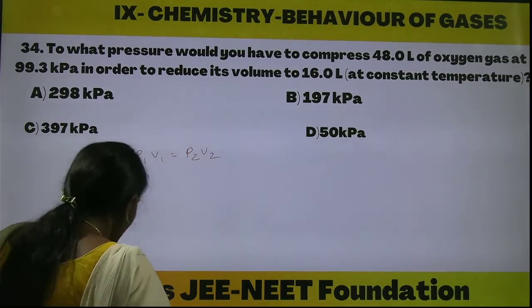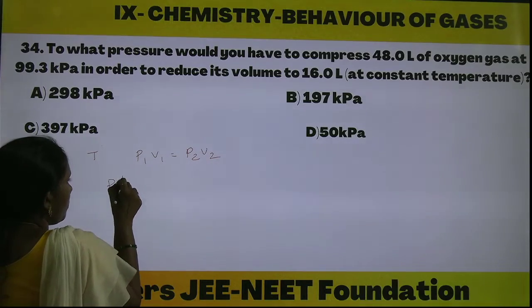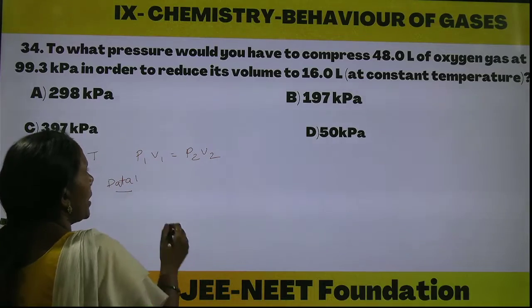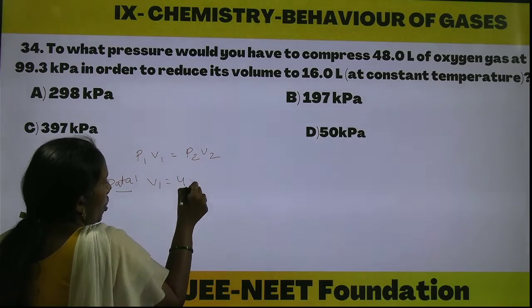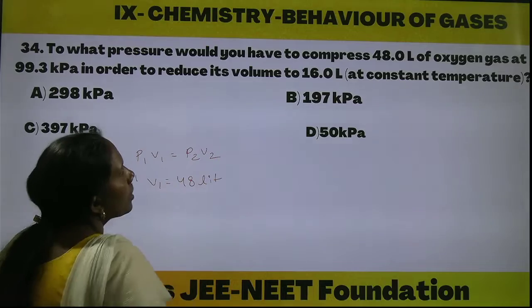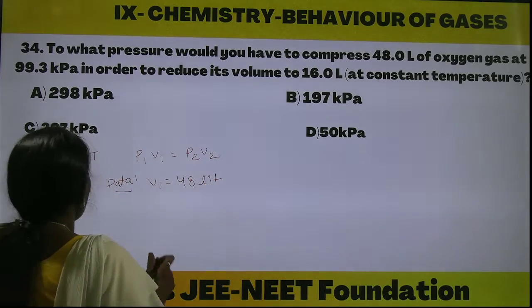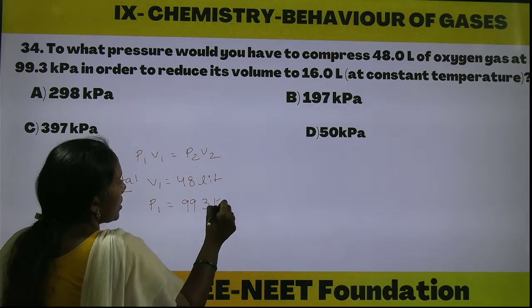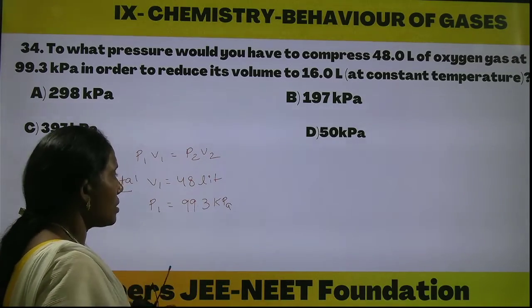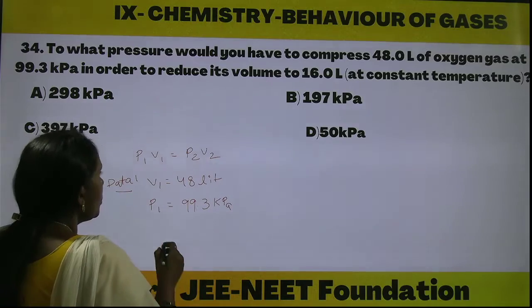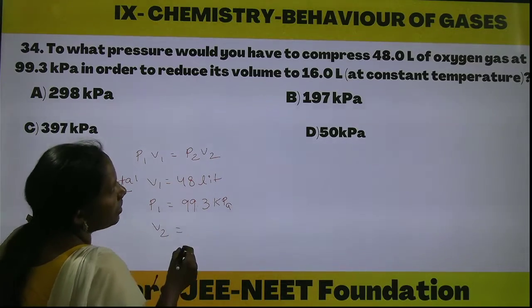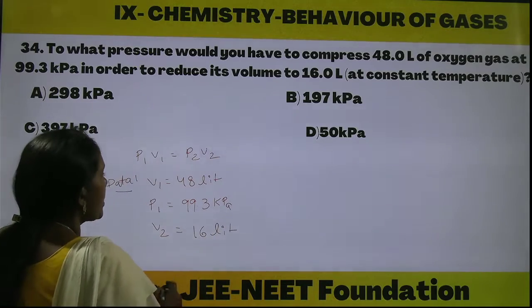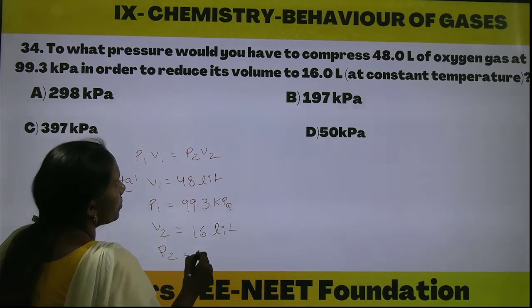First of all, list out the data given. V1 is 48 liters of oxygen gas, P1 is 99.3 kilopascals. Kilopascals is the unit for pressure. To reduce the volume, V2 is given as 16 liters. So he is asking to calculate P2.